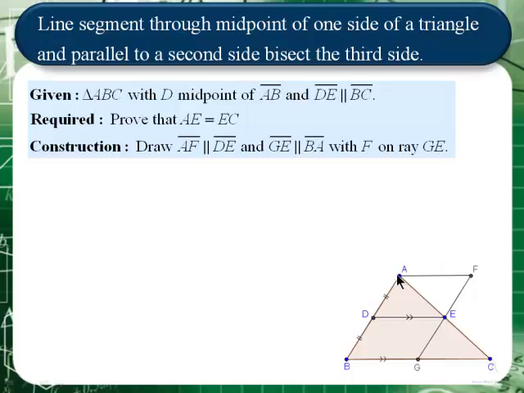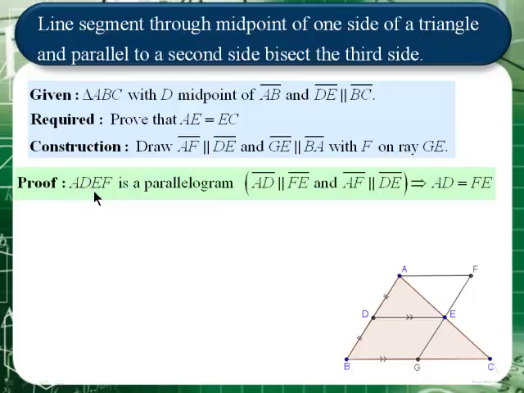We construct line segment AF such that it's parallel to line segment DE, and furthermore we construct line segment GE such that it's parallel to line segment BA, and we produce this line segment GE to get to the point F, which lies on the ray GE. So what do we observe?